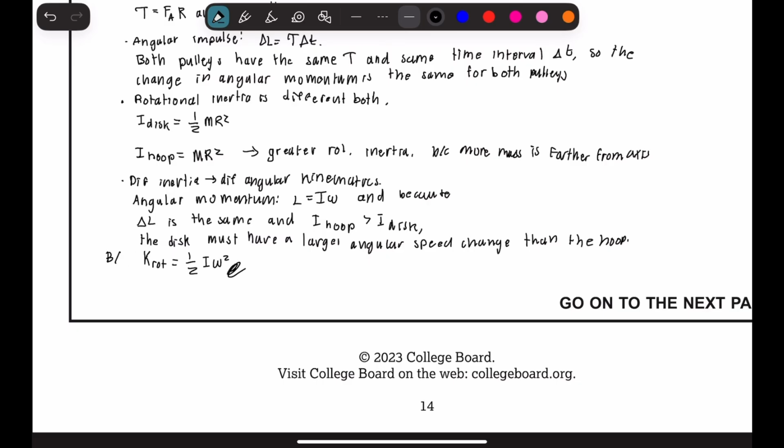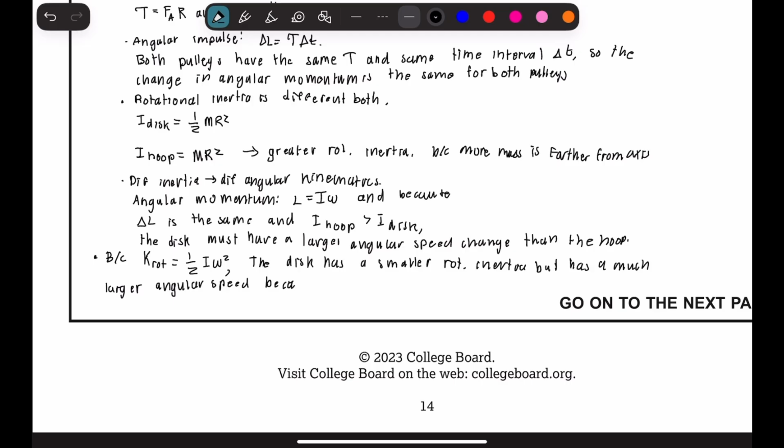Because the disk has a smaller rotational inertia, but it has a much larger angular speed, and omega squared matters more than moment of inertia I, that means that the disk gains more rotational kinetic energy than the hoop.